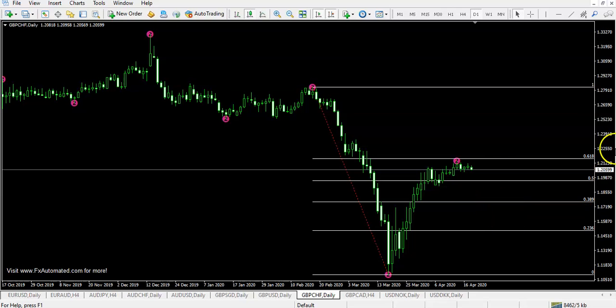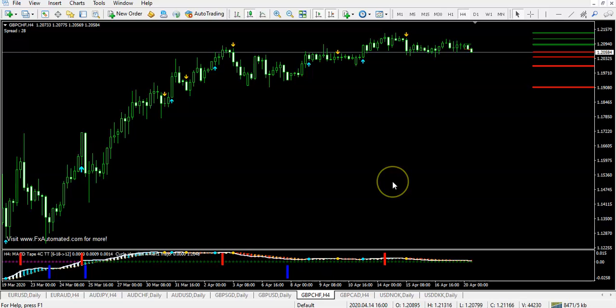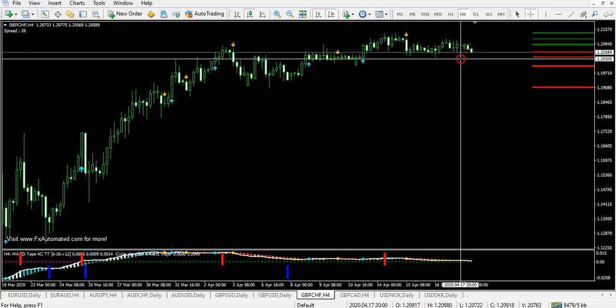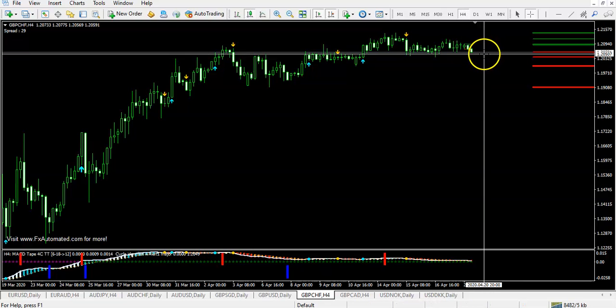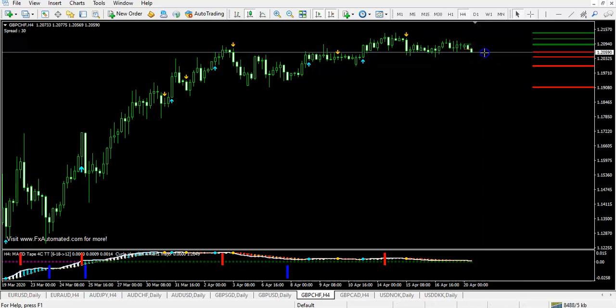GBP Swiss reversed at the 618. Signal 1, signal 2. I could have placed a sell stop here, but I got too many open already, and I'm not trying to blow this demo account since I'm making this public.